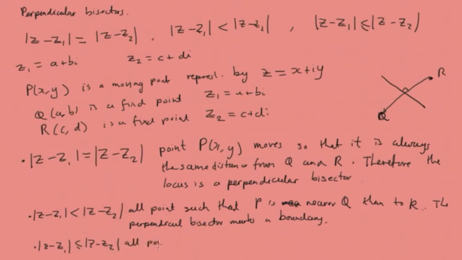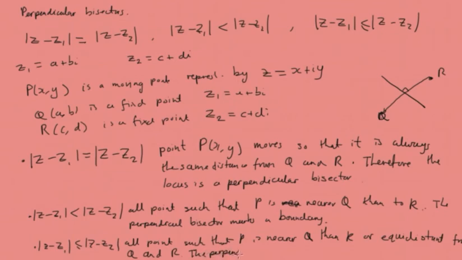So all points such that P is nearer Q than R or equidistant from Q and R. So the perpendicular bisector marks the boundary of this region.